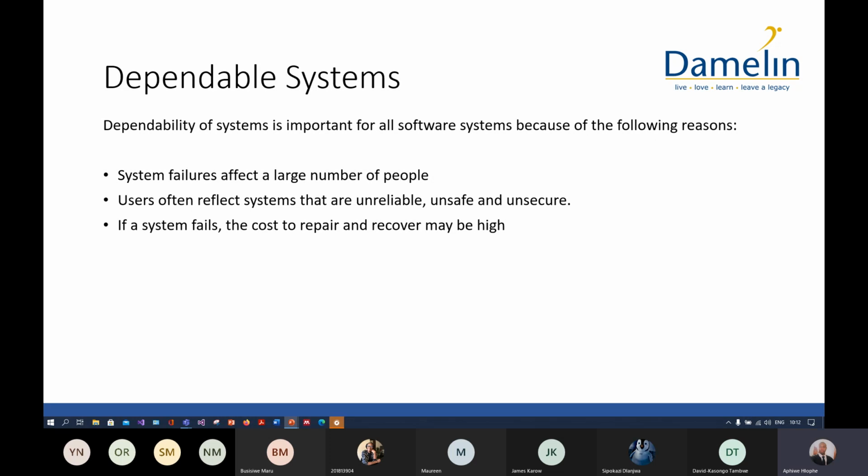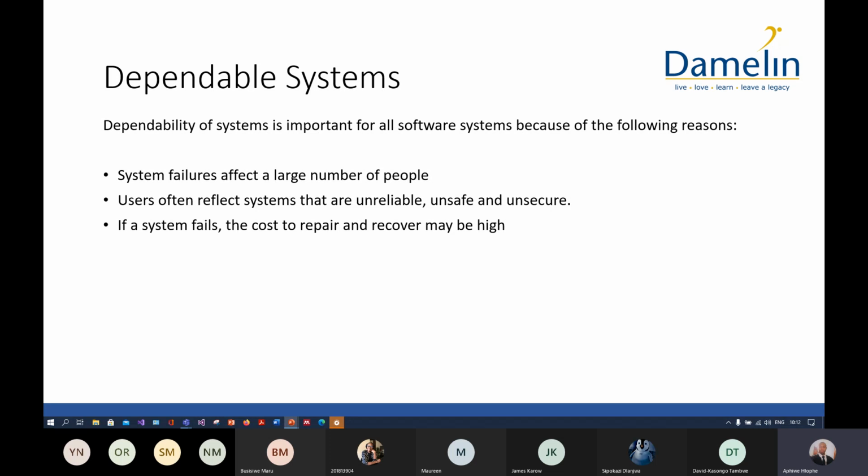So dependability of a system is important for all software systems because of the following reasons. It's important to make sure that the system is strong and dependable. System failures affect a large number of people. When a system goes down, a lot of people are affected. A lot of people's lives come to a standstill.